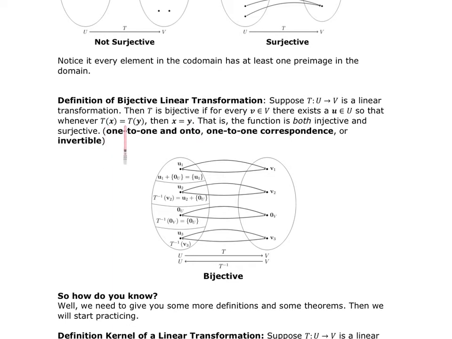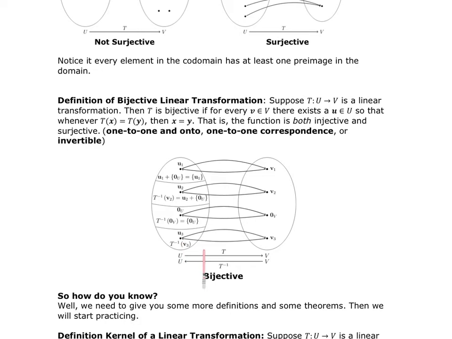So the only time my codomain values are the same is when my domain values were the same. So we say it is both injective and surjective, one-to-one and onto. The one-to-one correspondence means a bijective linear transformation is invertible.